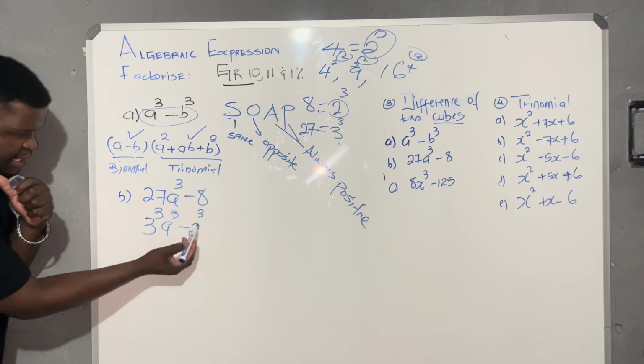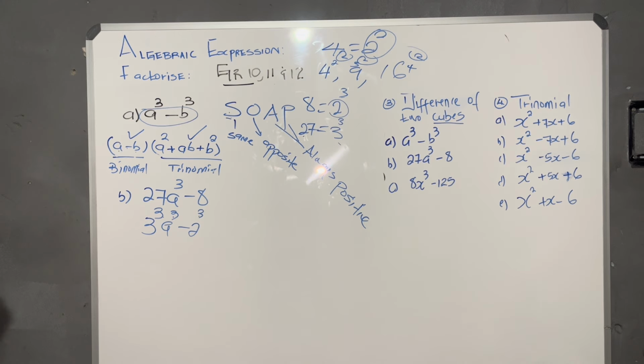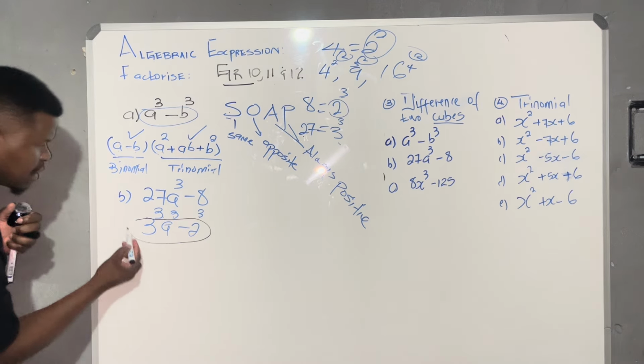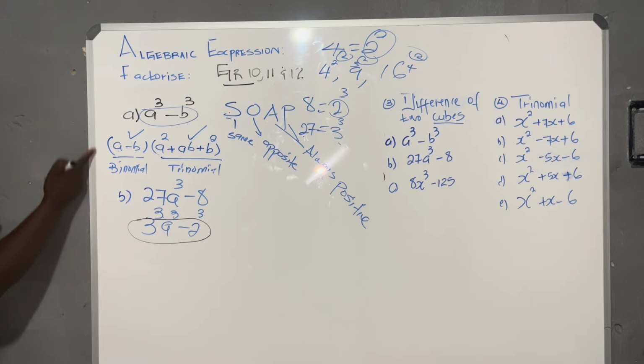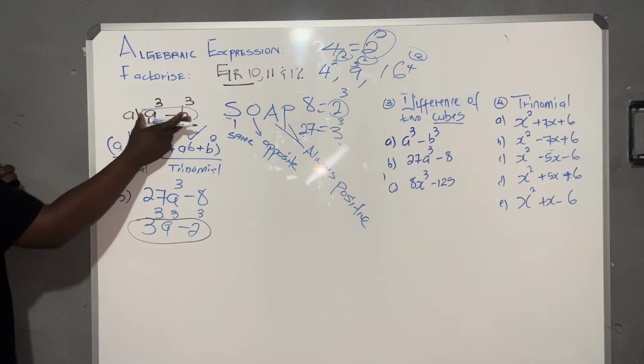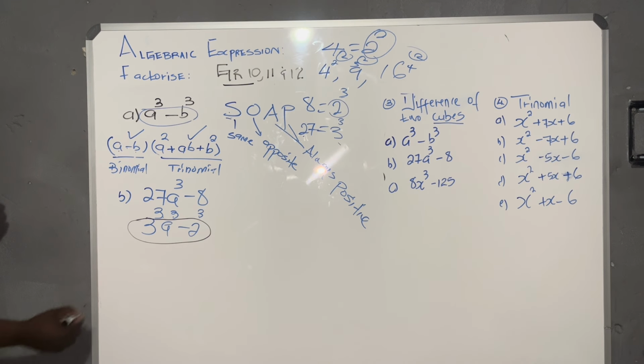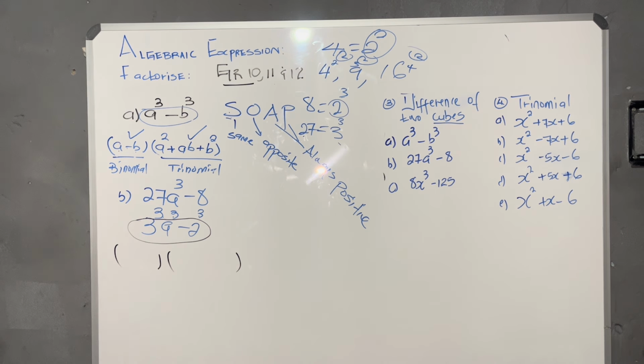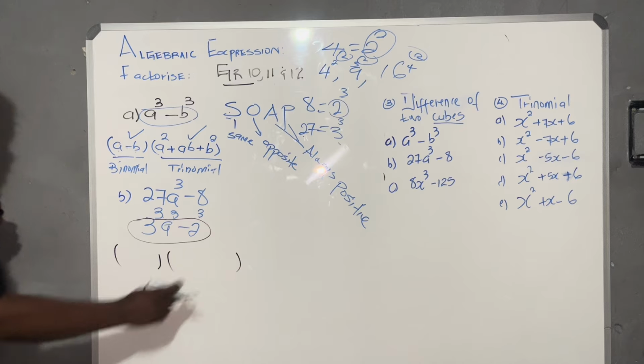So what are the bases here? Now, this is our base, just like here. So we take our base and we create a binomial. So this is the binomial, this will be the trinomial.